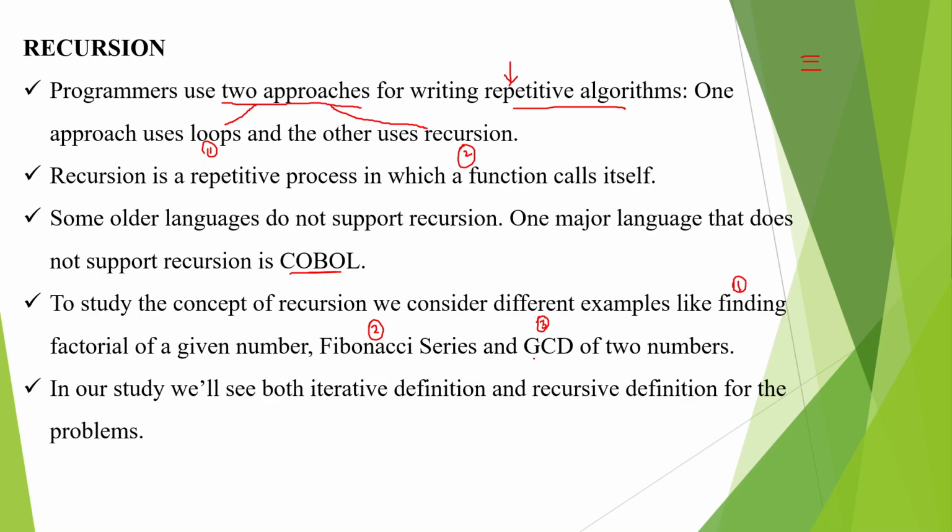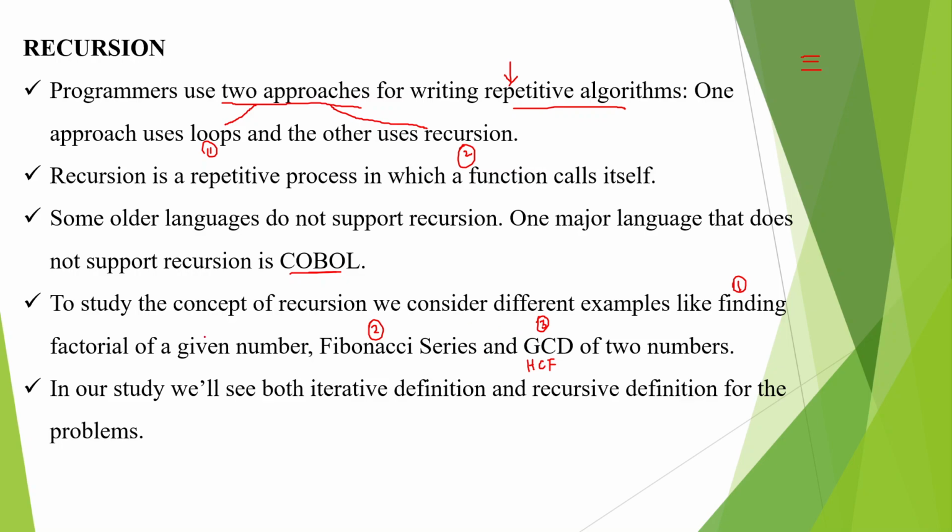GCD stands for greatest common divisor, or we also call it HCF, highest common factor. Greatest common divisor and HCF are the same thing. We will understand how to find the GCD or HCF of two numbers through the iterative approach as well as the recursive approach.